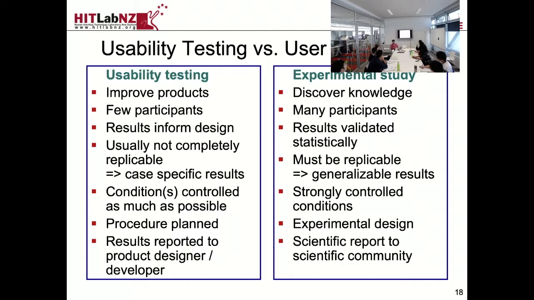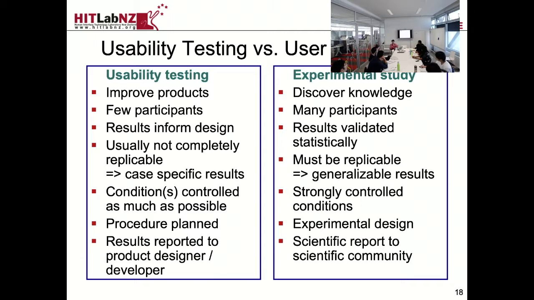Because there is some research that says that only 5 experts can discover over 80% of problems, which means if we have only 5 experts and we ask them to test my product, they will find about 80% of problems, which is fine.